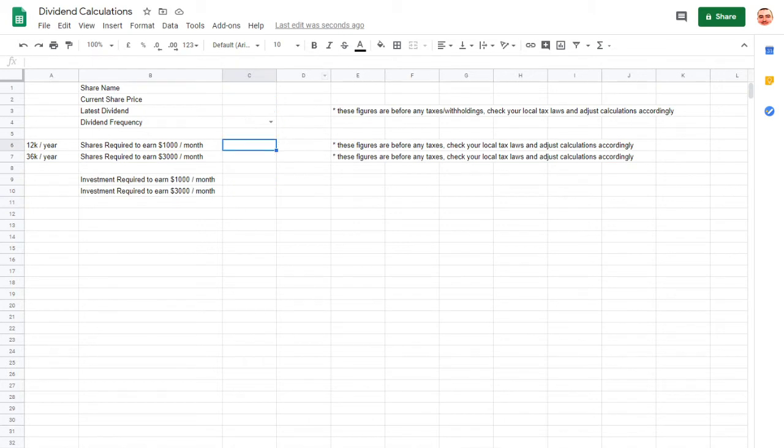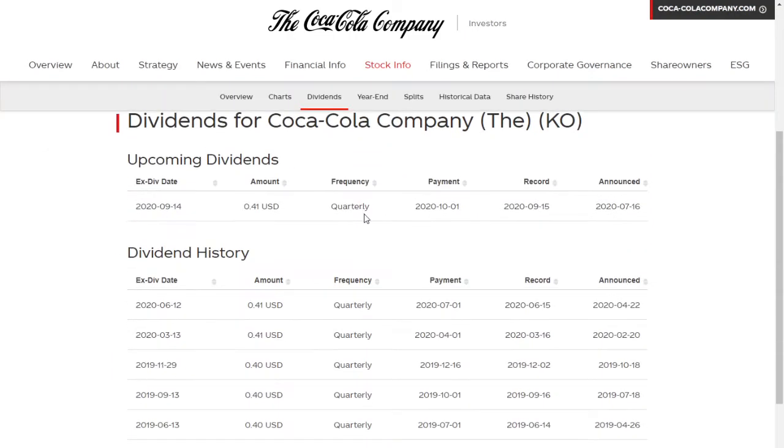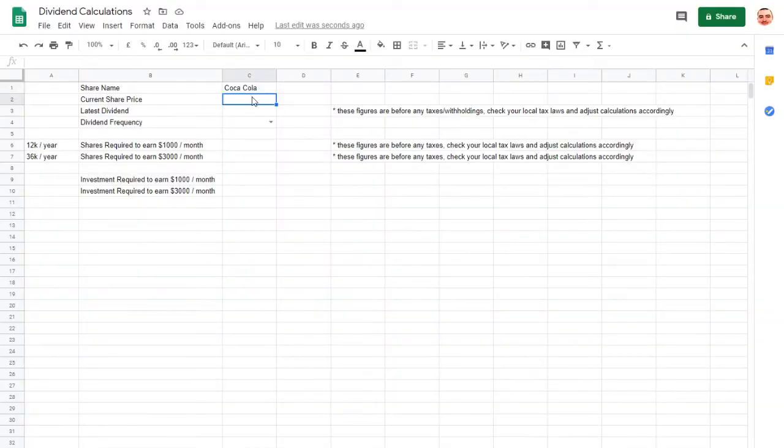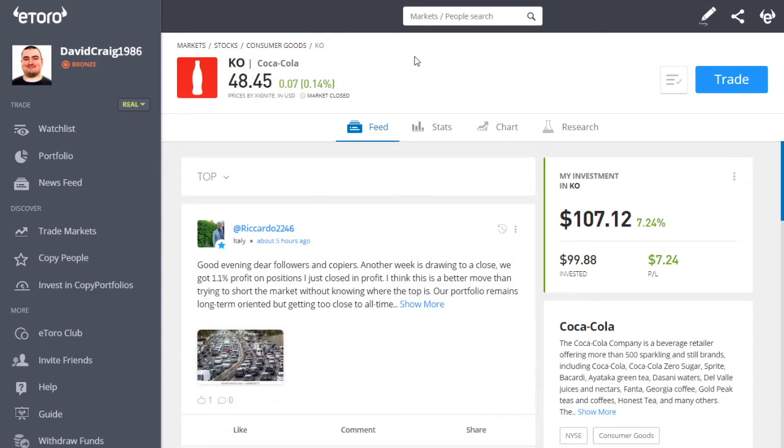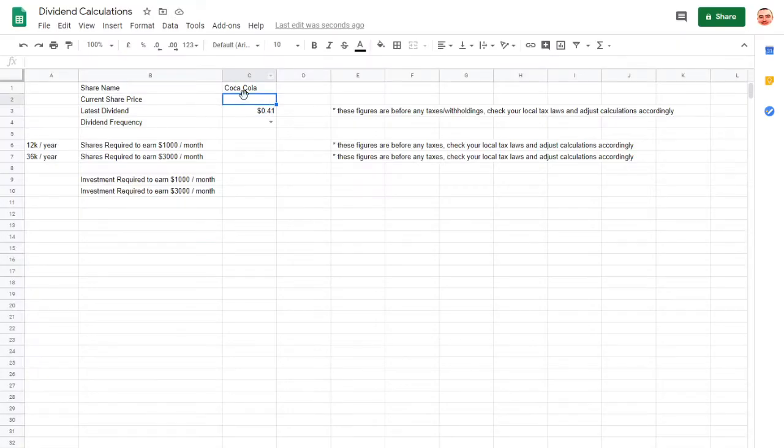So now let's move on to the next stock, which would be Coca-Cola. So Coca-Cola pays on a quarterly dividend, and its last dividend amount was 41 cents. Again, we can look up the ticker symbol here. Coca-Cola's current share price is 48.45, so let's pop that in.